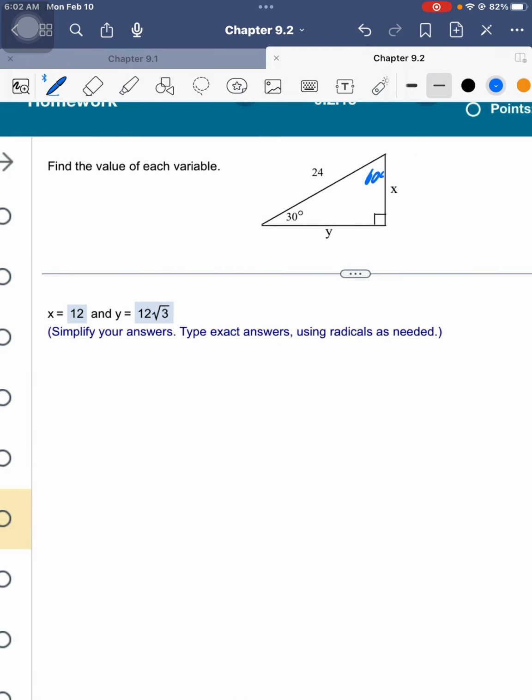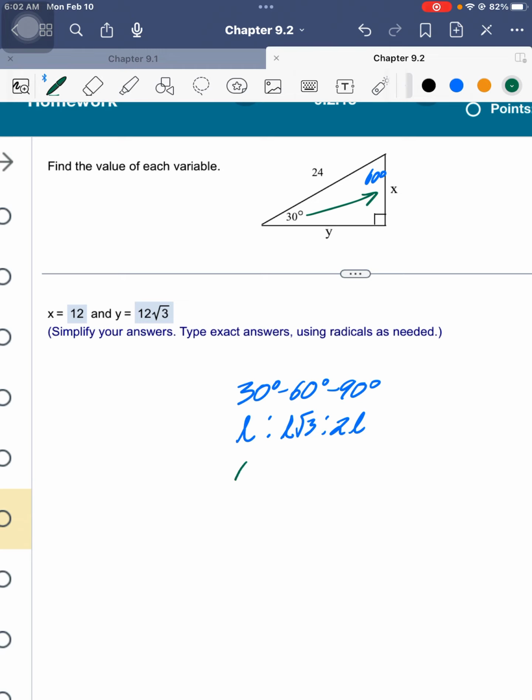Okay. So once again, this is a 30, 60, 90 triangle. So 30, 60, 90. What's this is L, square root of 3, and 2L. Okay. So this 30 is corresponding to the x, the 60 is corresponding to the y, and the 90 is corresponding to the 24.